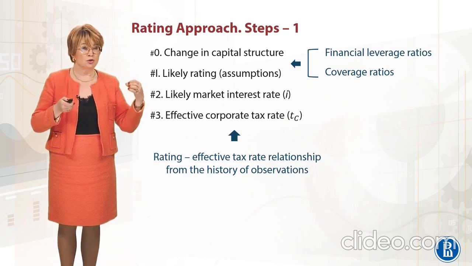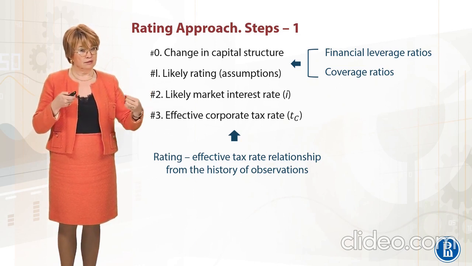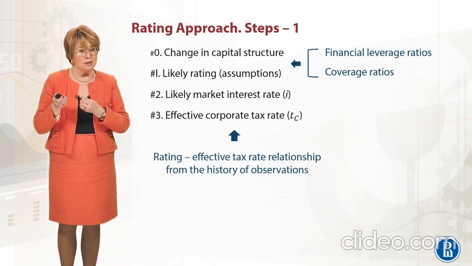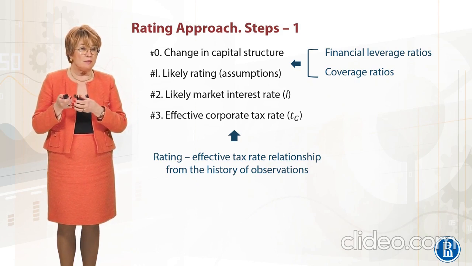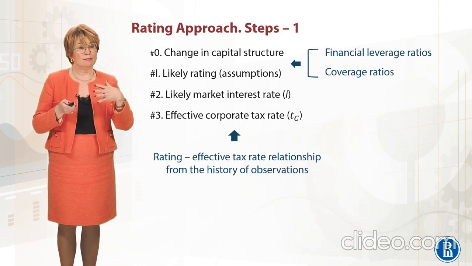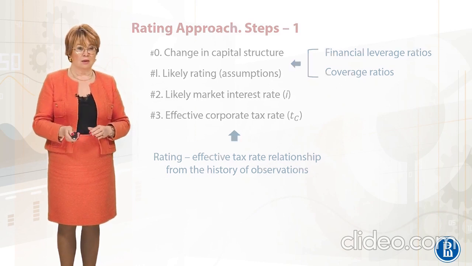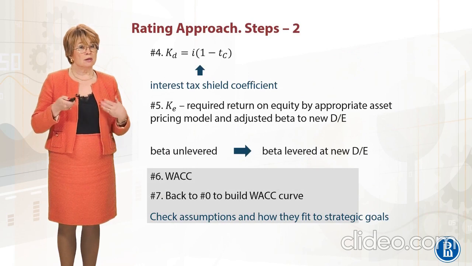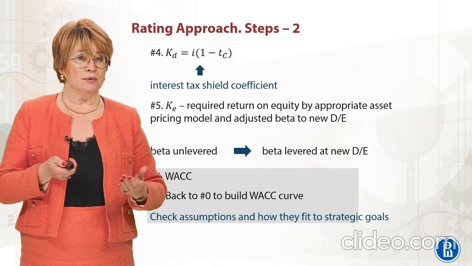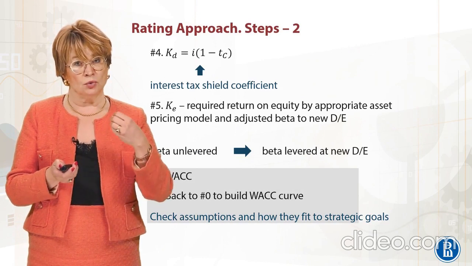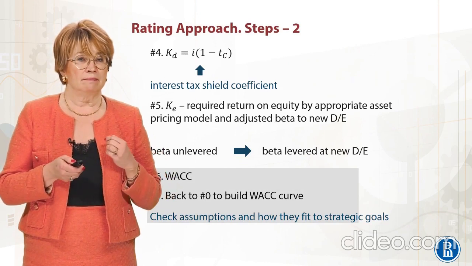So the relationship between the effective tax rate, not nominal, not marginal, and the rating class is also observable from the history of credit rating analysis. Step number 4 is the answer to the question, what is your potential cost of debt at this new level of capital structure?